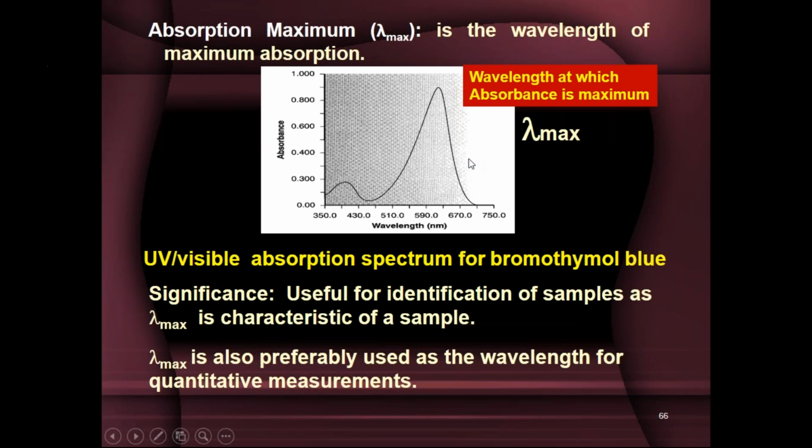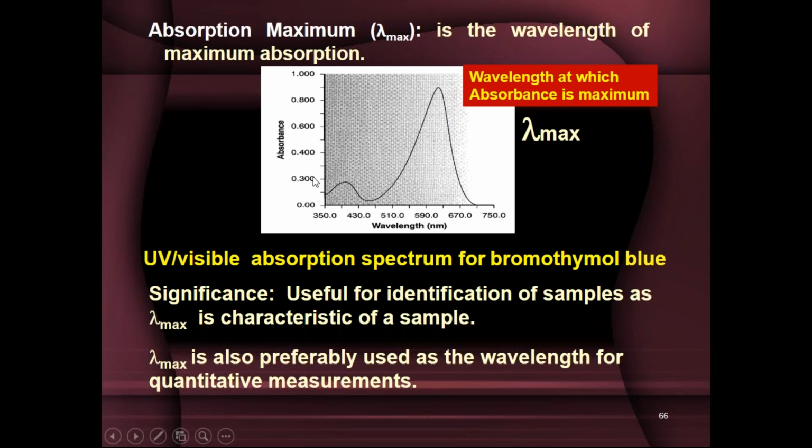Now we come to another term called lambda max. Lambda, we already saw, is the symbol used to denote wavelength. And what is lambda max? Lambda with a subscript max. It is the wavelength at which absorbance is maximum, or absorption maximum is the wavelength of maximum absorption.